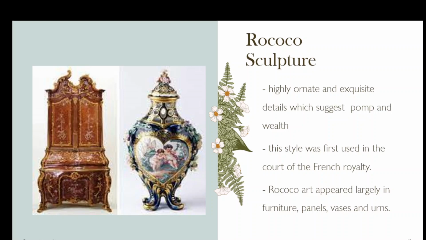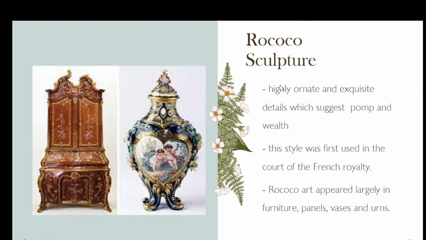Siyempre alam naman natin na yung sa loob ng palace, no, ng French royalty, ng mga monarchs, yung mga magagaling na mga artists and artisans sa kanilang lipunan, no, yung gumagawa ng mga kung anumang furniture at kung ano mang gamit na nasa loob ng palasyo.